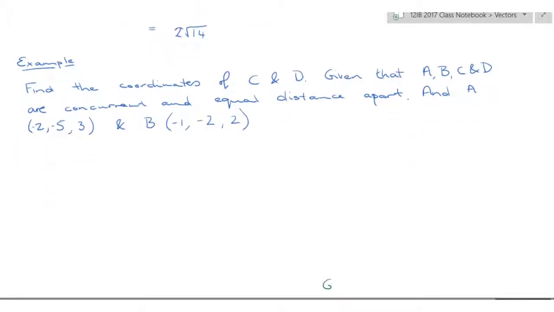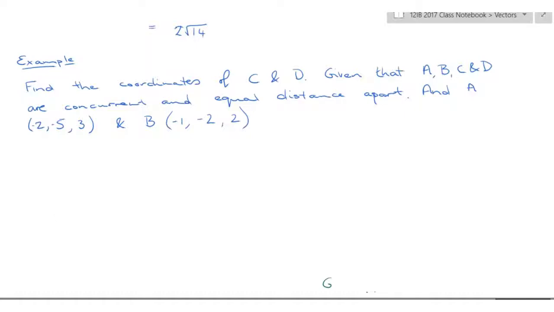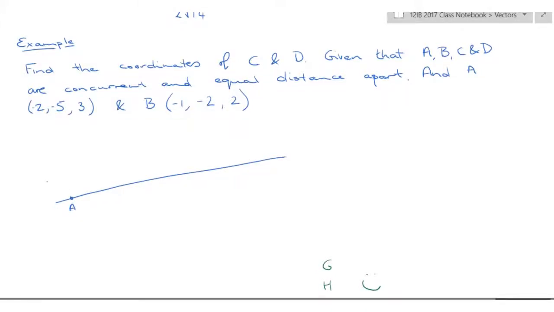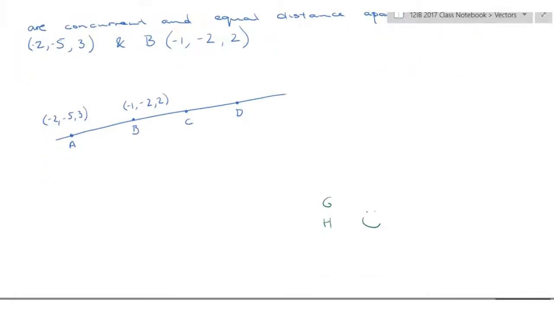So if we have a little sketch of what's going on, we've got this straight line, and A is here, with coordinates -2, -5, 3. B has coordinates -1, -2, 2. And then we need to find C and D.